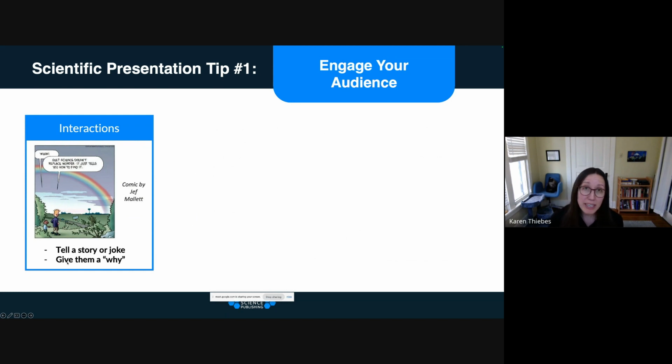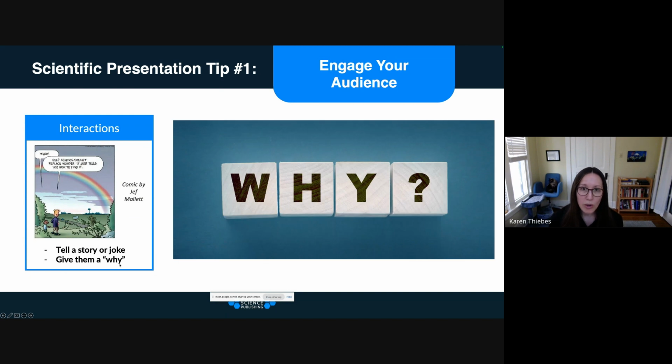And another great way to do this is to give people a why, right? Nobody comes to a talk thinking that they don't have a reason for being there. They're there for a reason. It can be really a great way to just tell them why they're there, right? Is it because they're there to help you improve your scientific research, right? Is it a small lab committee meeting and you're trying to get feedback to push your project forward?